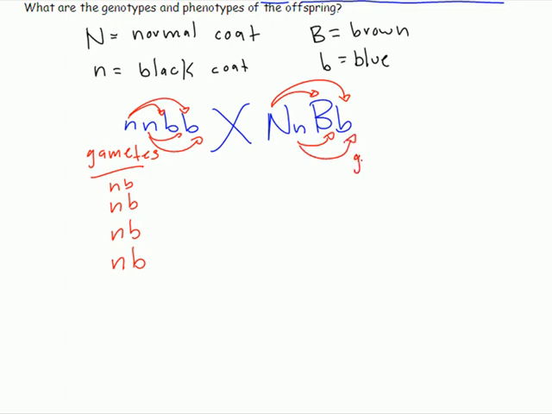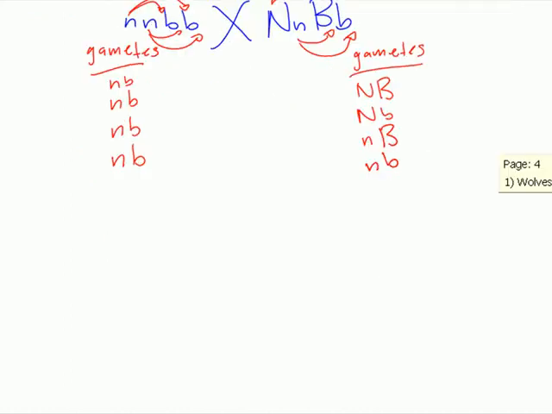Here are the gametes: big N, big B; big N, little b; little n, big B; last, little n, little b.